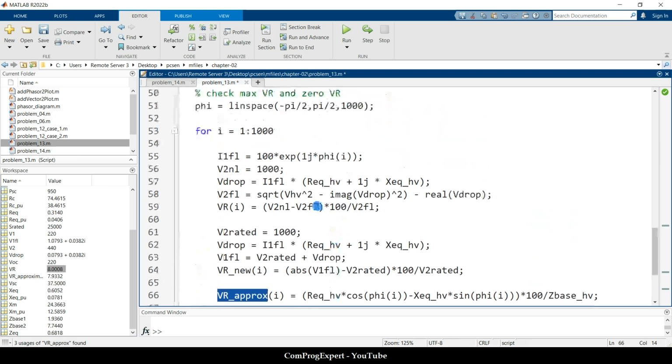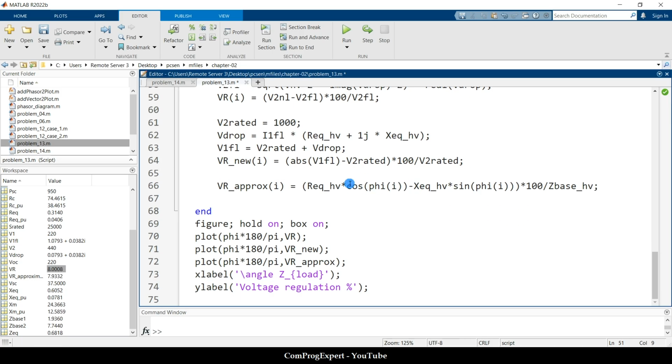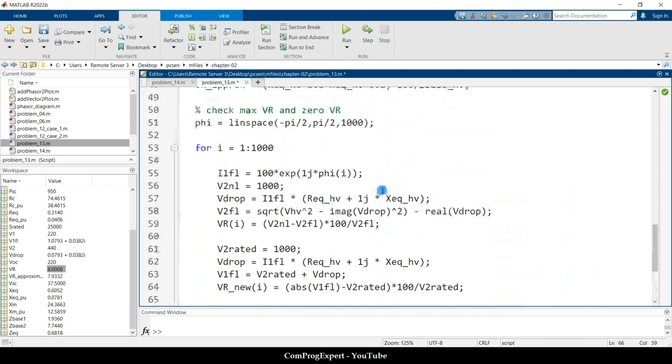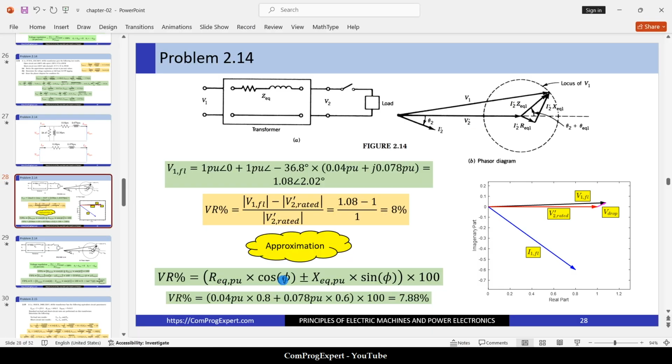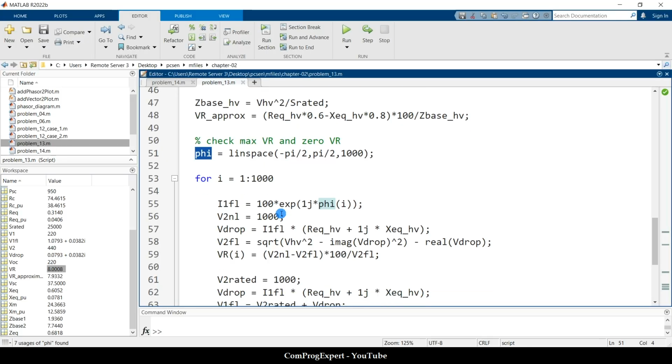In this case, because I considered negative and positive values for the phi, I used this equation. Yes, so this equation supports both inductive and capacitive loads because we considered the sign in the value of the phi. But if you consider phi as a positive number, you should consider this plus or minus sign manually.